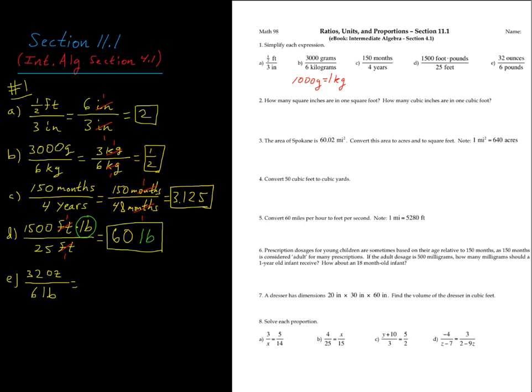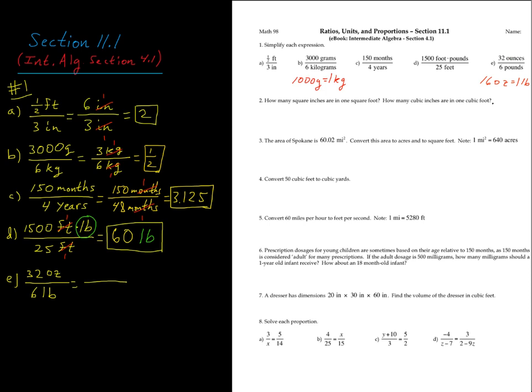Finally, with part E, we have 32 ounces divided by 6 pounds. I've just abbreviated the pounds as LB. Here, the relevant conversion would be the fact that there are 16 ounces in a pound. Using that, 32 ounces would be 2 pounds.